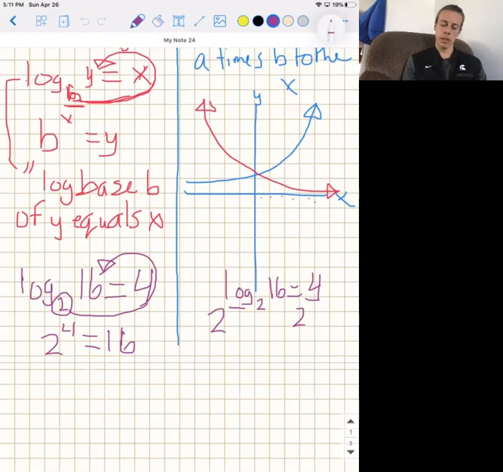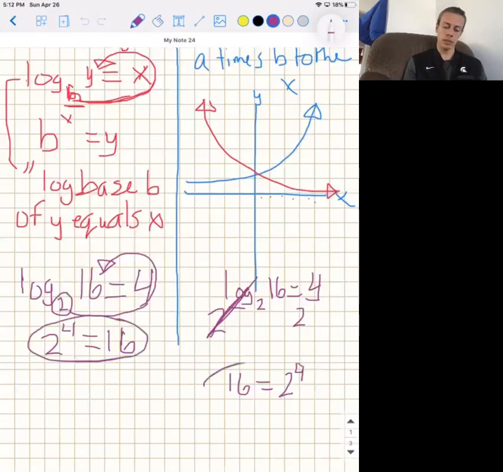And logarithms and exponentials undo each other. So you'd be left with 16 equals 2 to the 4th. We said 2 to the power of both sides. We're doing the same thing to both sides of the equation, so what we're doing mathematically is legitimate. And as you can see, we get to the exact same place.